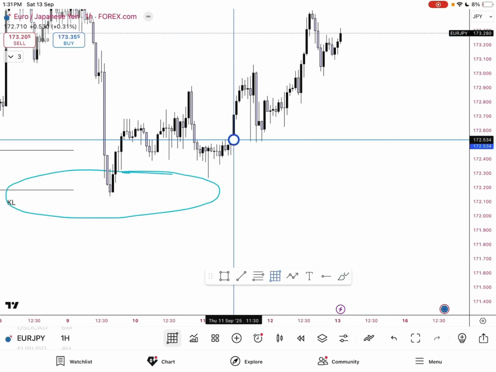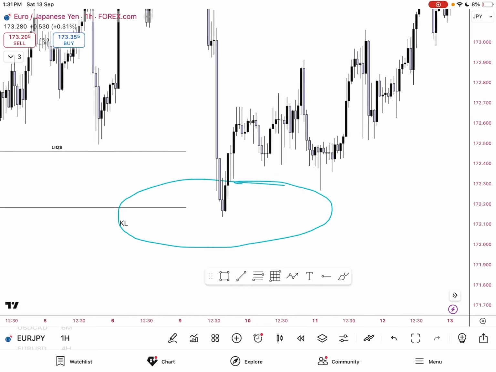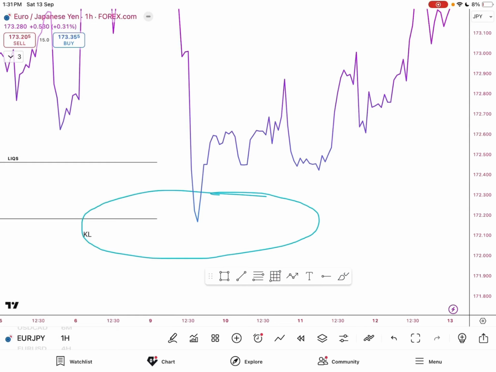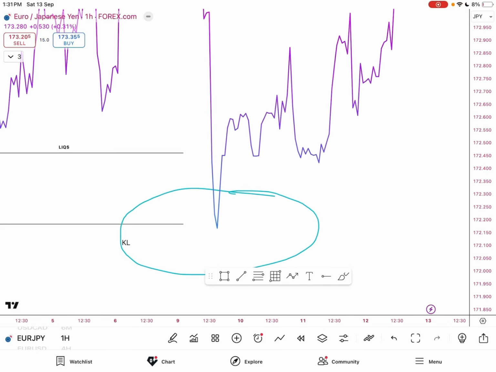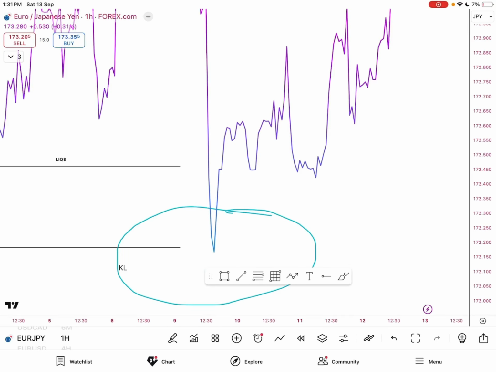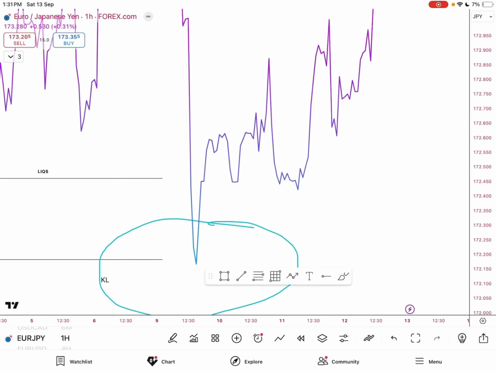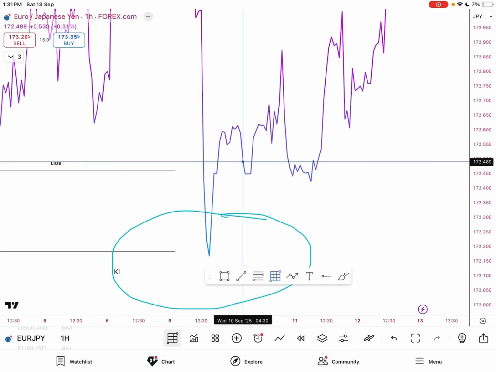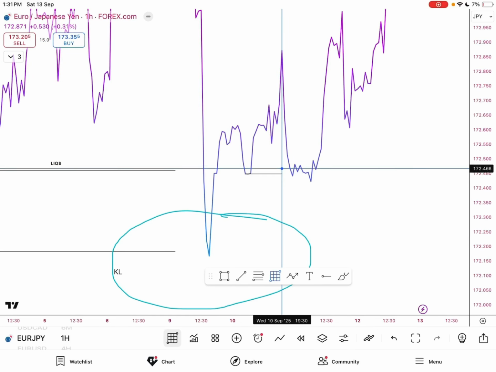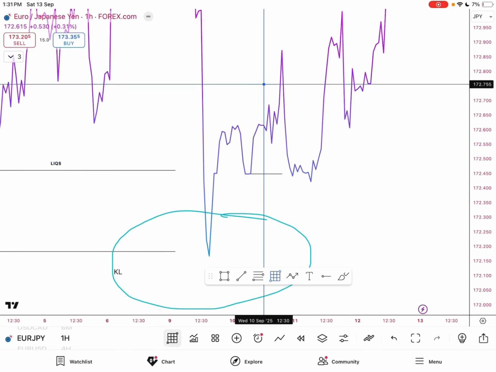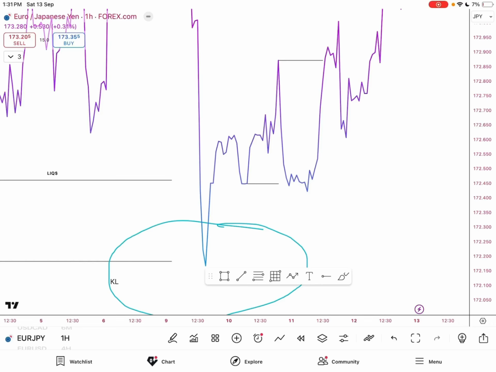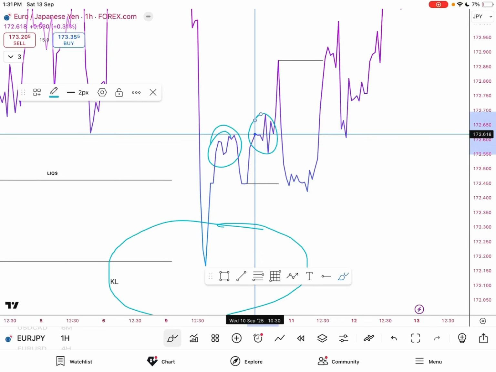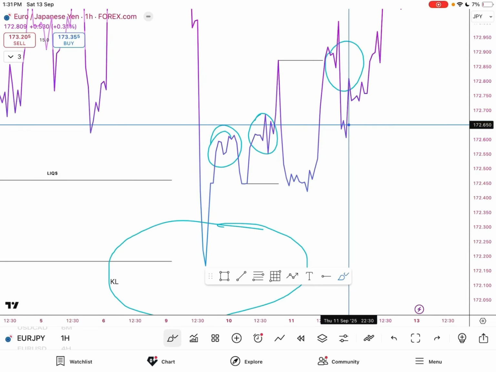In minor structure, we need to go for the 1 hour time frame, and I will go for the line chart. Here you can see, consider where the sweep and breakout structure will be. Here you can see this will be the sweep, and this will be the breakout structure. Understand why I take this and not here and here?